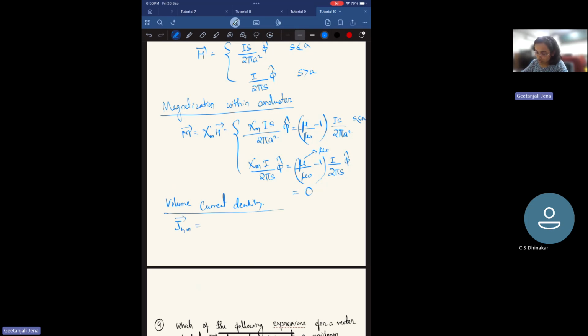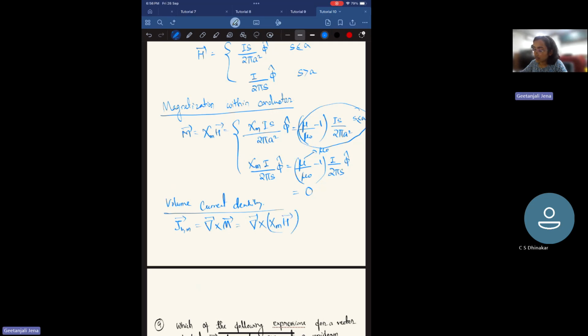It is curl of M, right? So one thing you can do is, you know the expression of this magnetization, put it in the curl equation using the cylindrical coordinate and find out what will be the J m that you can get. Other thing is you can get it directly by writing the expression of M. So no need to find out the curl.